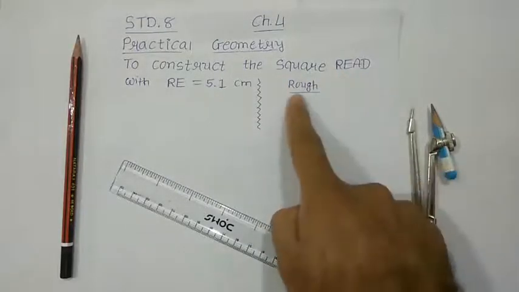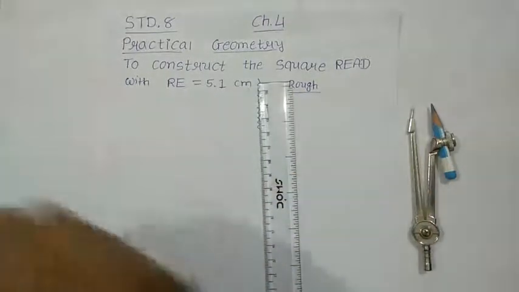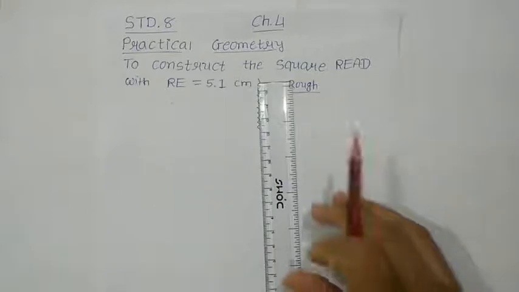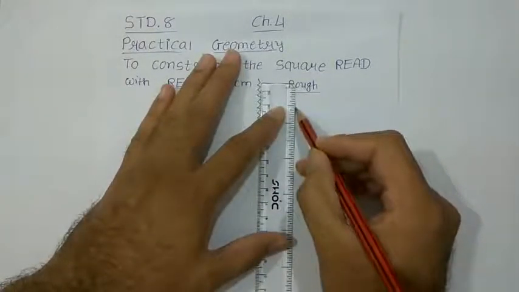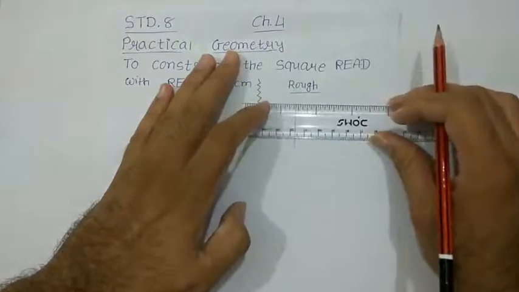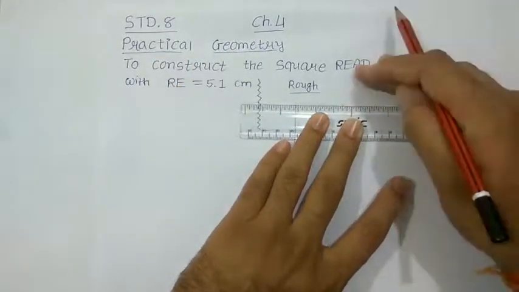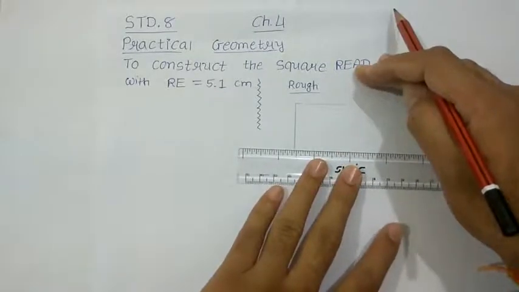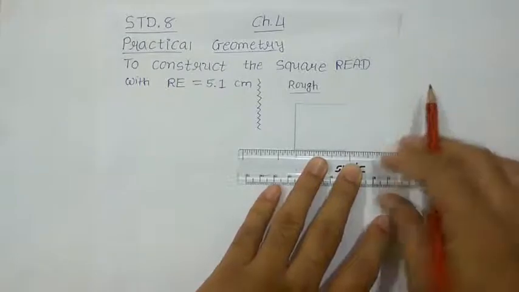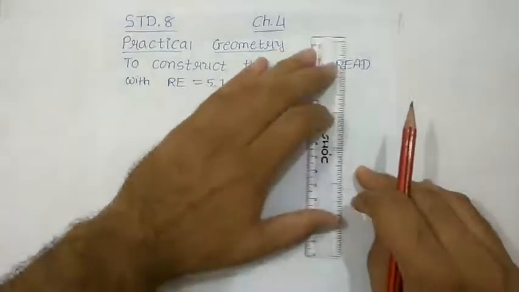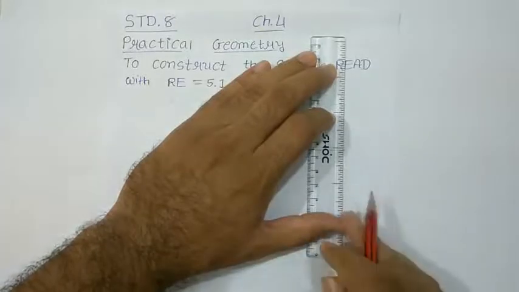So let us first of all draw the rough diagram, right? To draw the rough diagram, let us take this as the first side, this is the second side, this is the third side, and now join both these points and it will be the fourth side, right?